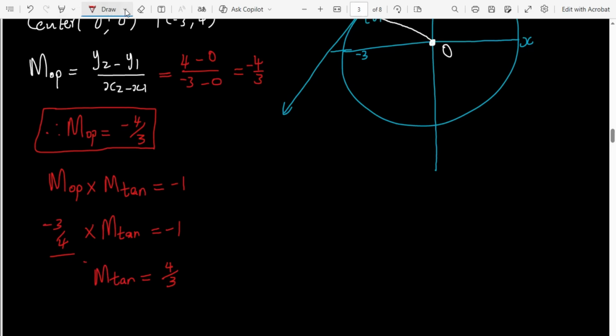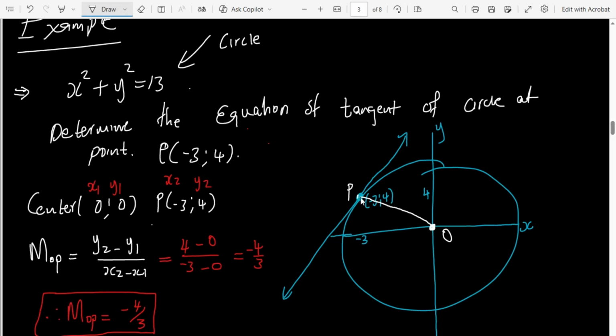You can just go back and substitute this into the straight line equation, okay? Because y equals mx plus c. The gradient, now we know the gradient of the tangent is 4 over 3, plus c. Then you need to substitute the point of what? We need to substitute the point of intersection, the one that is given there, which is P, minus 3 and 4.